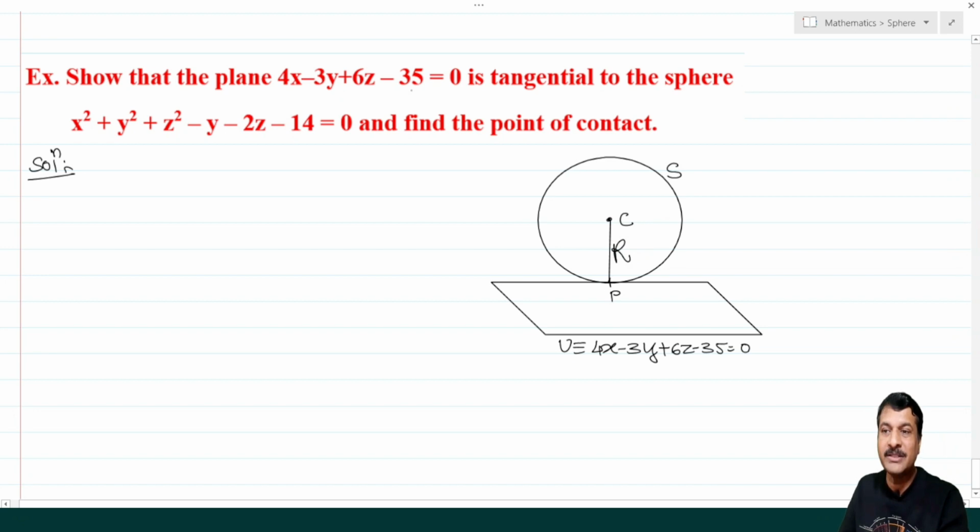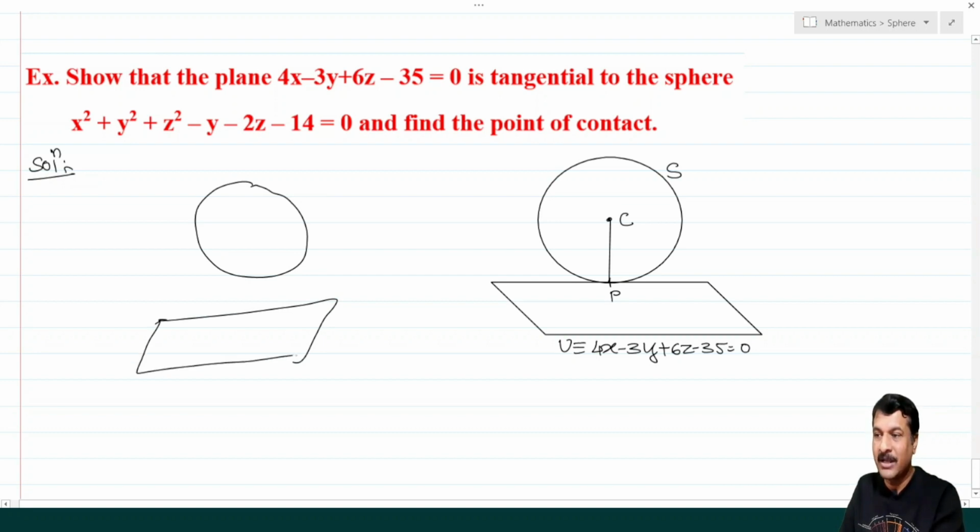So how many situations are there? Possible situation: one sphere is there, here is a plane, and if we draw the perpendicular, that distance is greater than the radius. It means that the plane is away from that sphere.